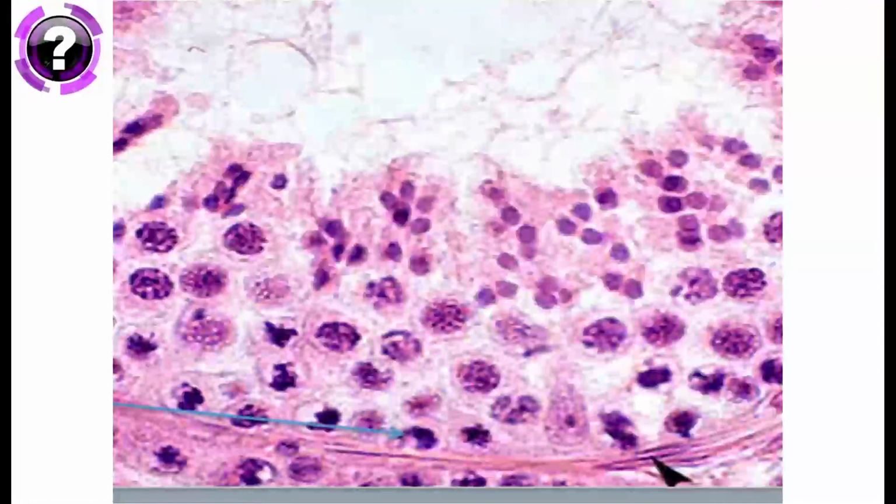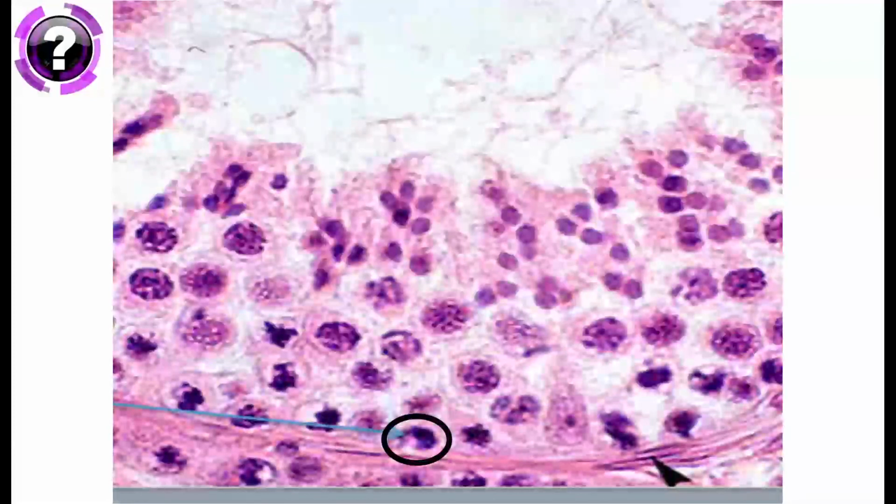If I ask you what is this section, I'm sure now you can say what it is. And the next is, what is this cell inside this black oval shape? It is nearer to the myoid membrane, the outer shell, and it is having dense nucleus.